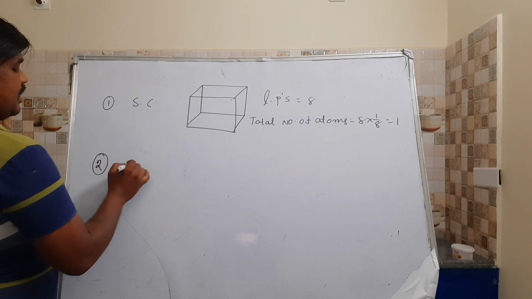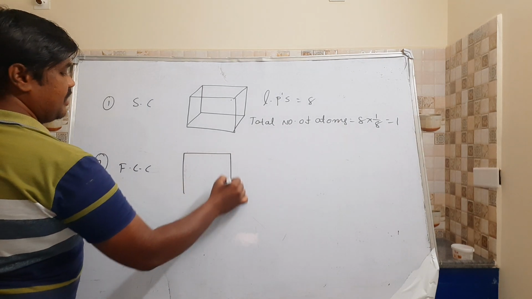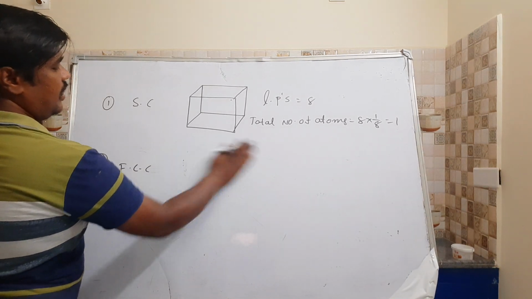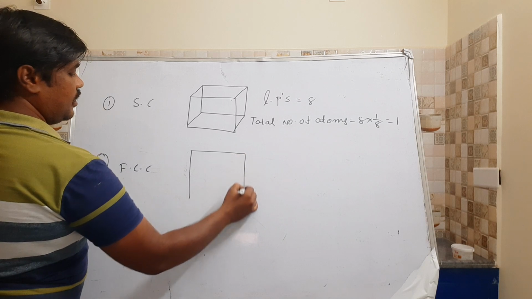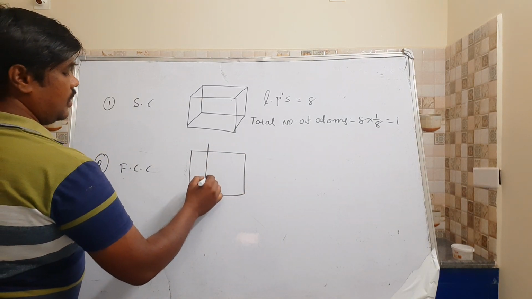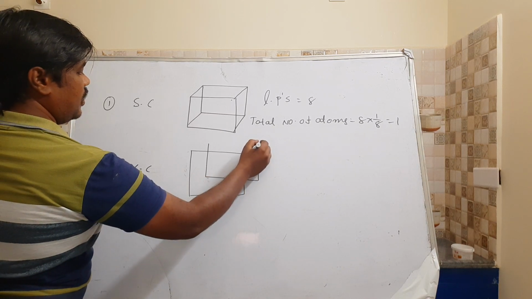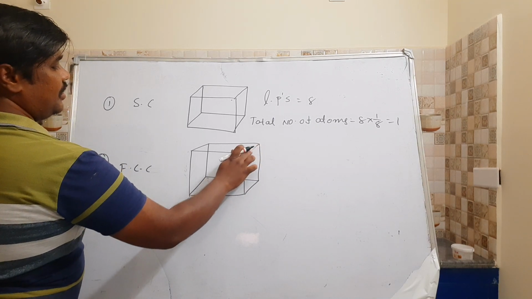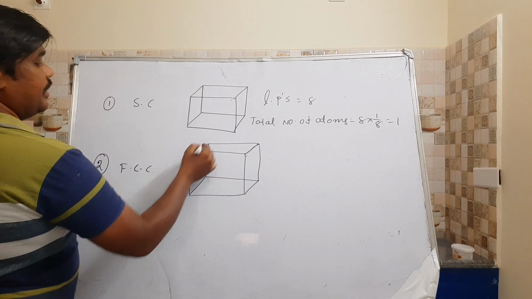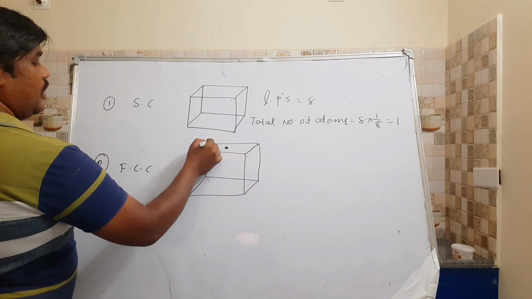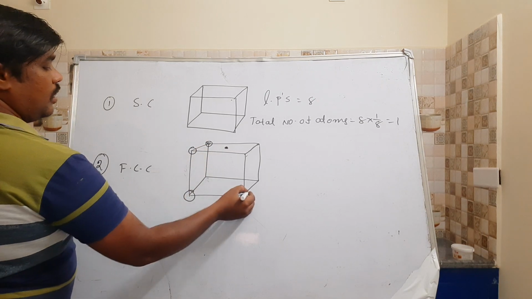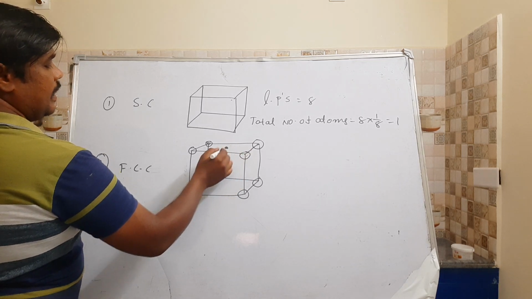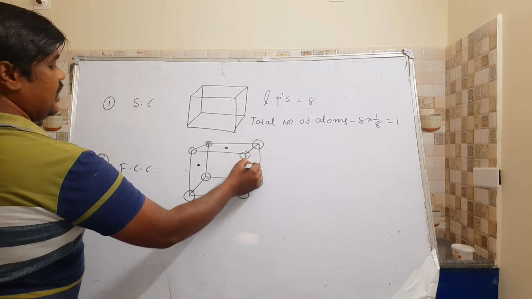Second one is FCC. Just structure seems like this. 8 corners, 6 face centers.